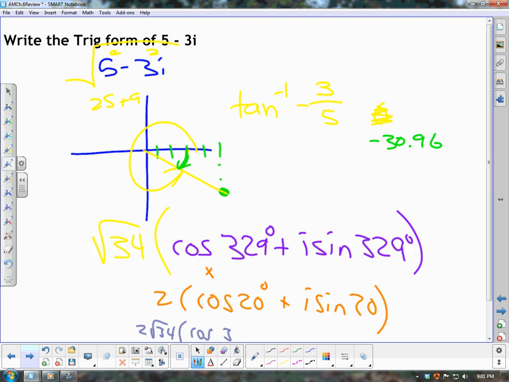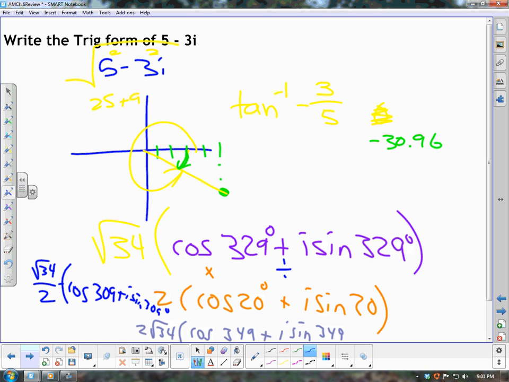So that would be cosine 349 plus i sine 349. And if you were going to divide them, then you would take the square root of 34 over 2, and now you'd subtract, so you'd be cosine 309 plus i sine 309. And that is what's on your test coming up shortly.